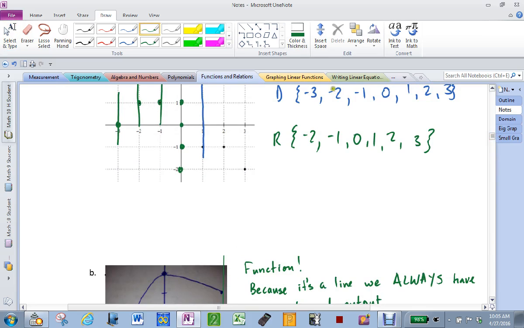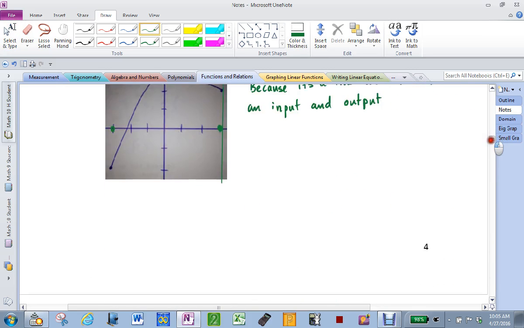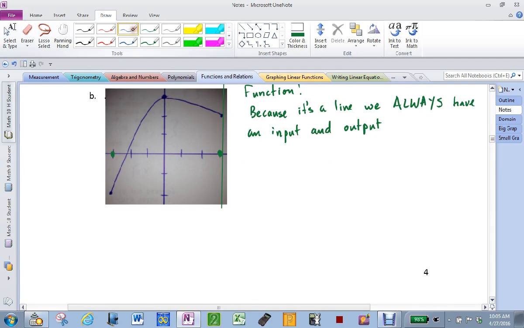So I've been doing my domains in blue. I'm going to do that again. Where does domain live? The x-axis. So if I'm asking you for the domain, I only care about the x-axis, don't I? Where does it start? Where does my x-axis begin with an input? Right there, yes? Where does it end?